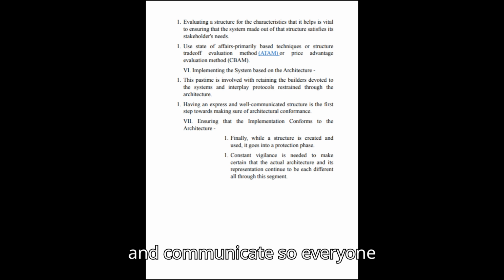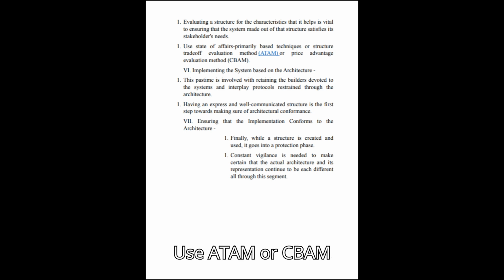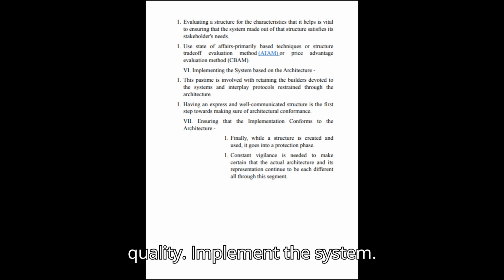Document and communicate so everyone on the team understands it. Analyze or evaluate, use ATAM or CBAM to test architectural quality. Implement the system, develop based on architecture. Ensure conformance, make sure the actual system matches the design.